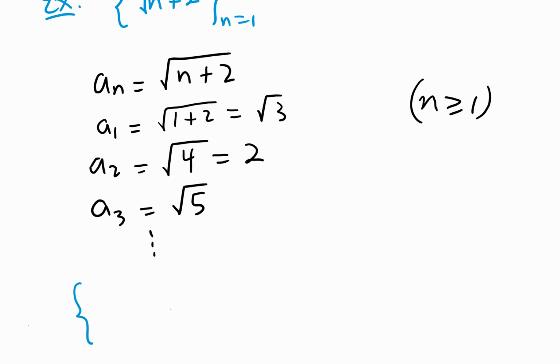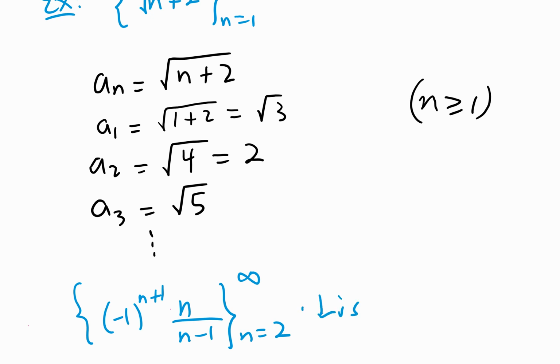Another example, negative 1 to the n plus 1, times n over n minus 1, where n runs from 2 to infinity. Maybe I can ask you to list the first 3 terms of the sequence.